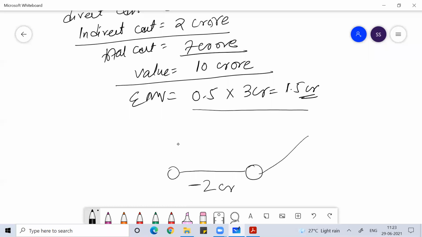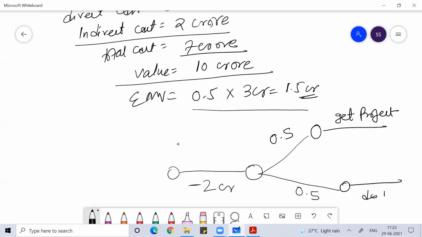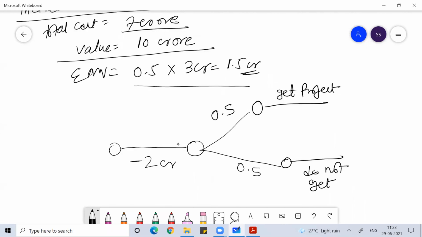You're putting in 2 crore; there's a 50% chance that you get the project, and a 50% chance that you do not get the project.